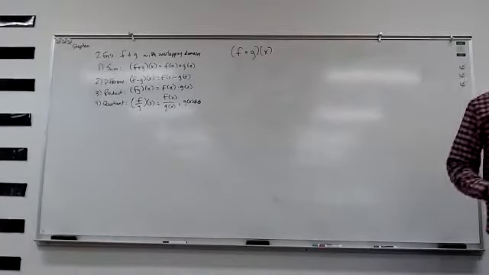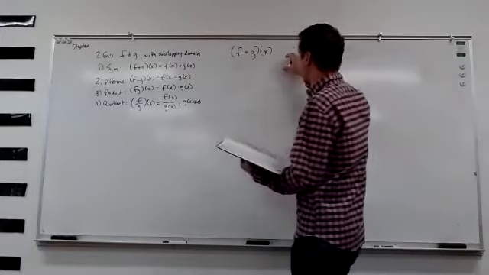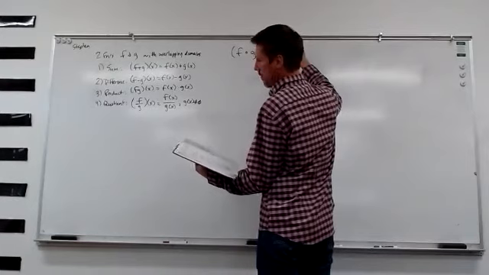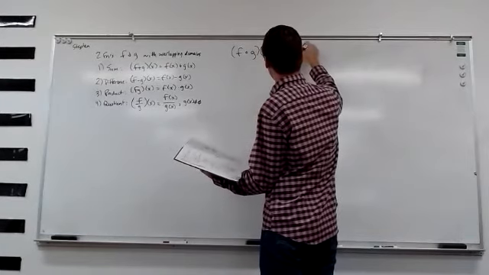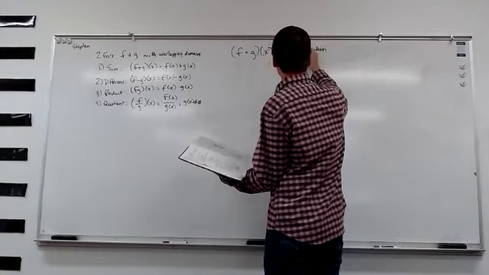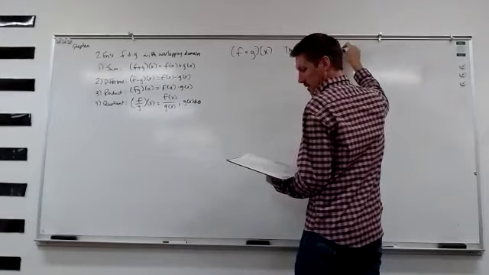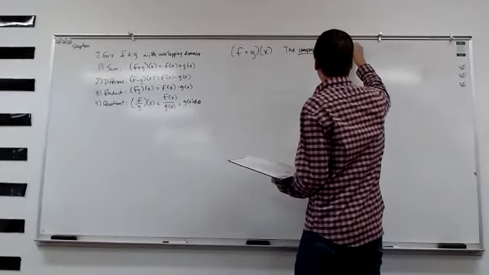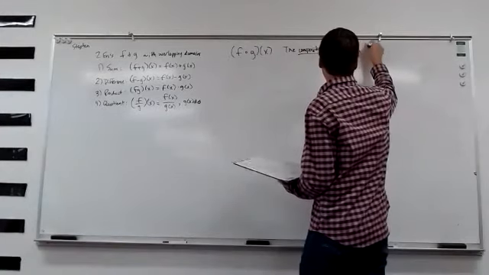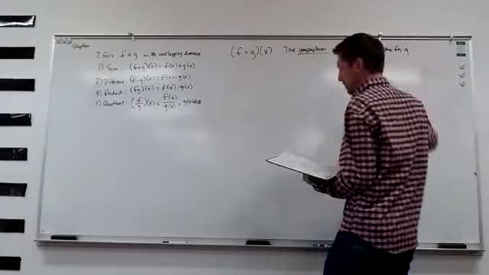I always think of the word "fog" every time I see this, from back when I was in high school. So that always comes to mind when you talk about the composition. The way you would read it is it's the composition of the function f with the function g.